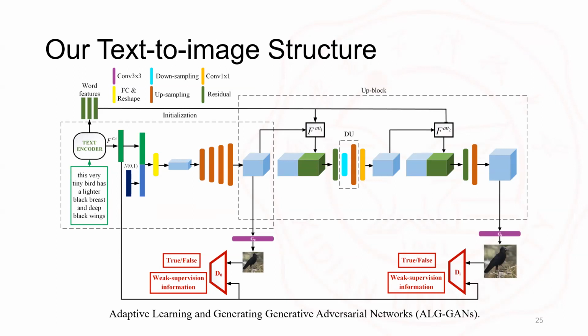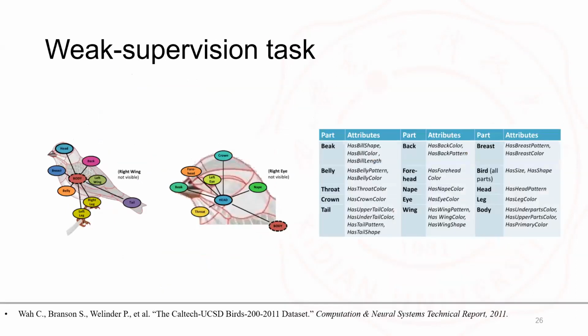We process and split the images into two disjoint sets following the same pipeline as previous methods: 150 categories with 8,855 images for training, while the remaining 50 categories for testing. We choose the category and the fine-grained attribute annotation as the weak supervision information and figure out the effectiveness of each of them.